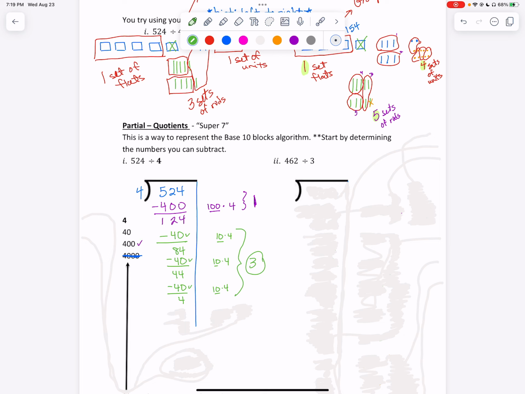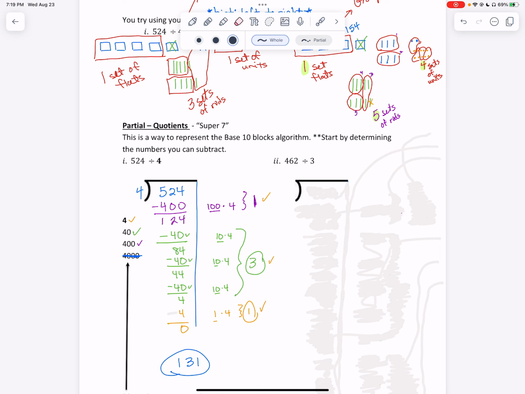Now I've subtracted my 40s, so now it's time to subtract my 4s. When I subtract my 4s, I got 0. So I got all the way down to 0, and I had one set of units. So my answer is going to be 131.